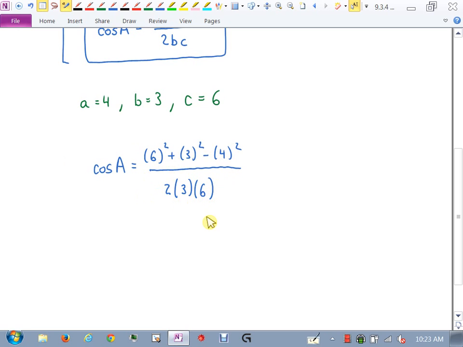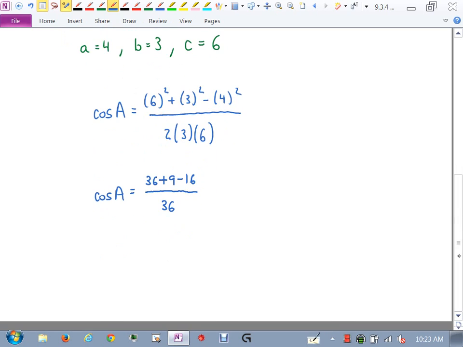Okay. With my calculator, cosine of capital A, I'm doing 36 minus 9 minus 16, plus 9 minus 16, all over 36. Hey, can I cancel those 36s?